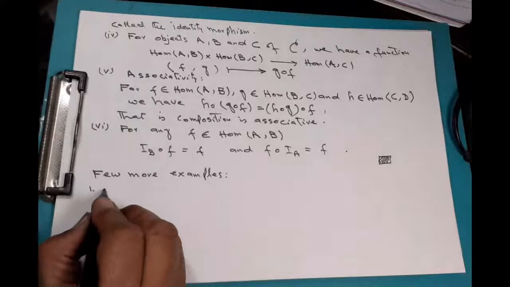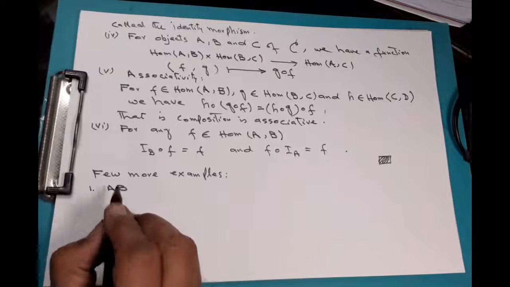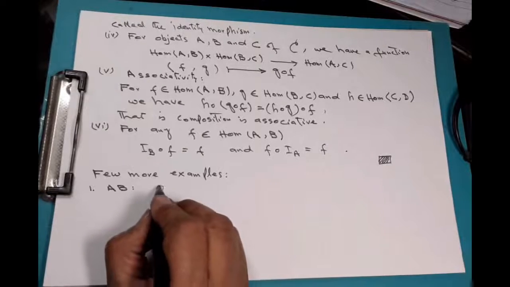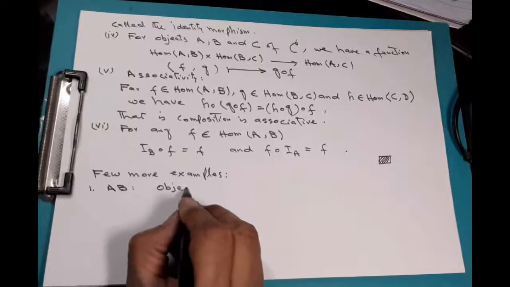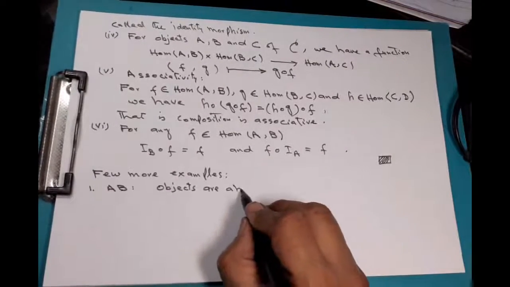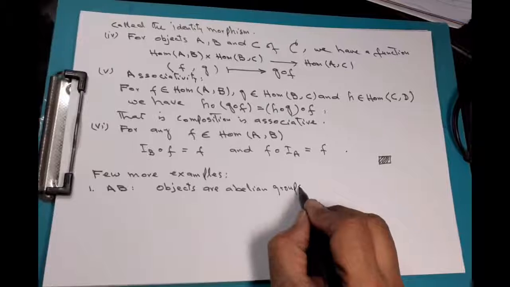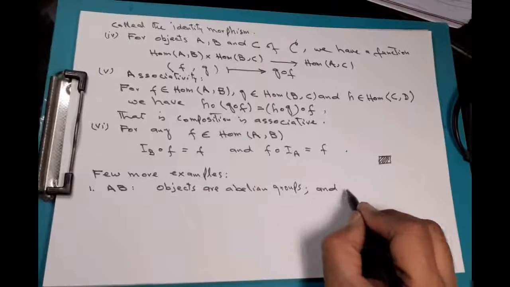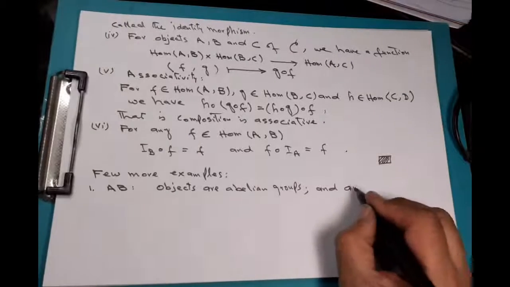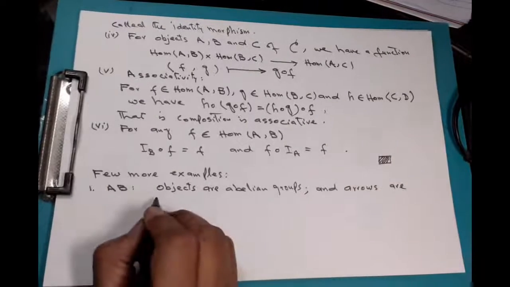We denote this category by AB, capital A, capital B, from abelian. So for this category, objects are abelian groups and arrows (we call morphisms arrows, maps) are group homomorphisms.